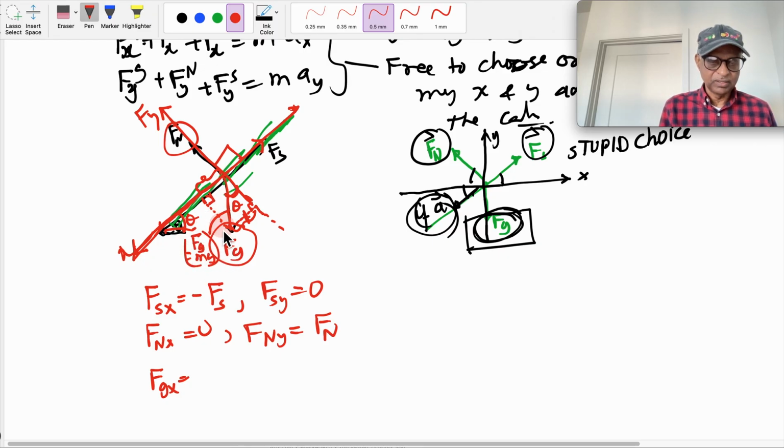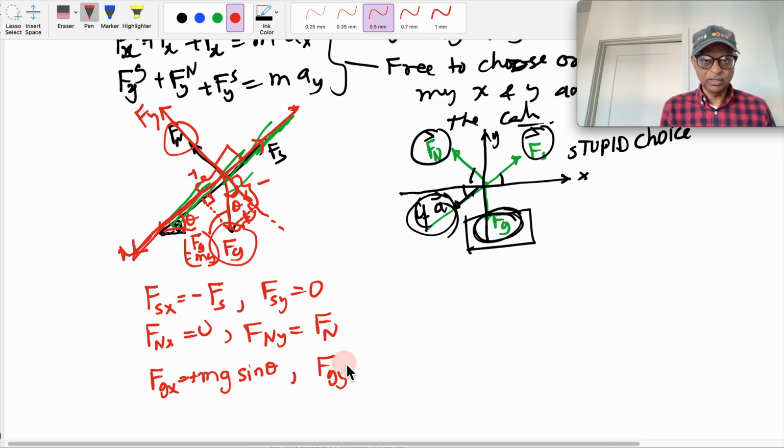So it's going to be mg sine theta, and it's going to be plus because the projection is plus. When I project on the y-axis, that's the y part. So this is going to be negative, and it's adjacent to this angle. So Fgy will be minus mg cosine theta.